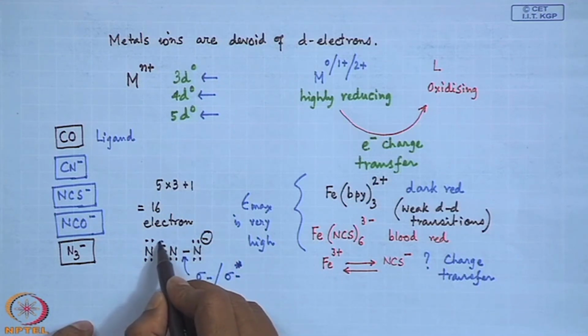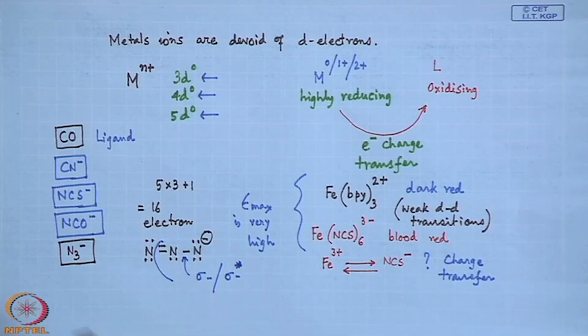Similarly, on the other side, we have the pi level as well as the pi star level. Once a bonding level is formed, we immediately have the corresponding anti-bonding level.